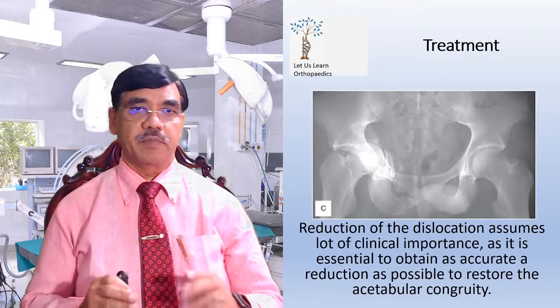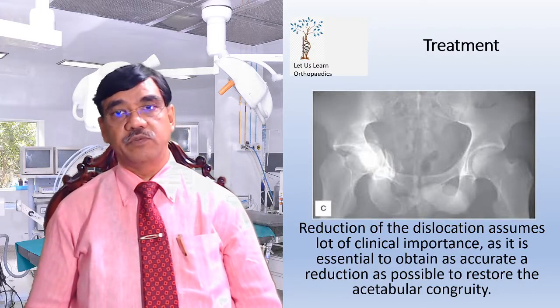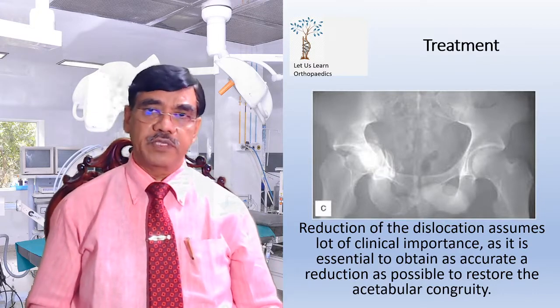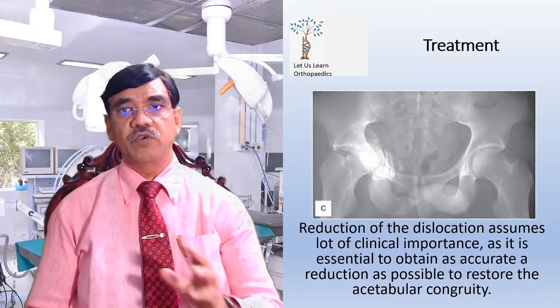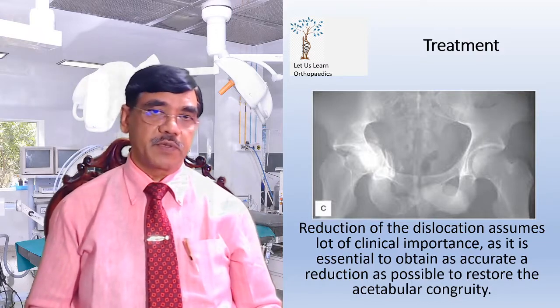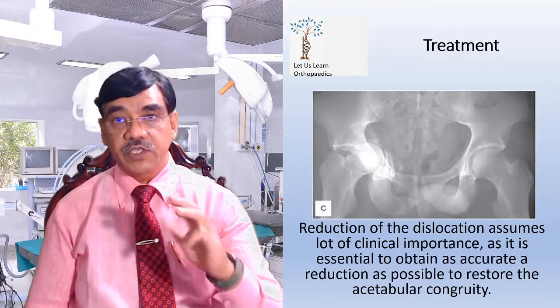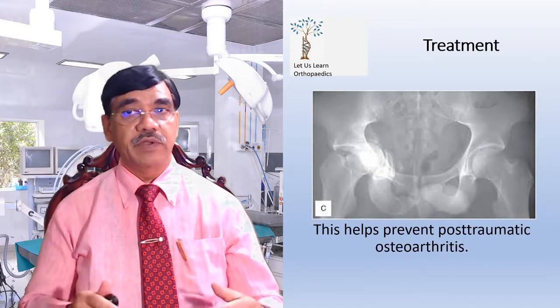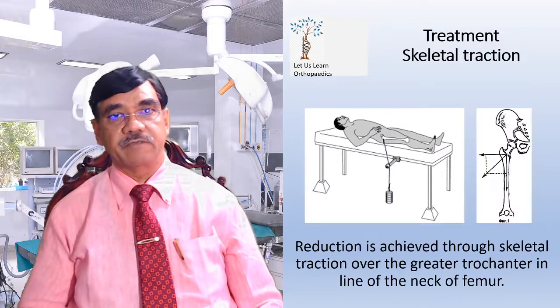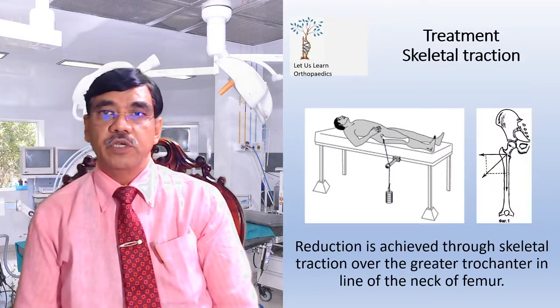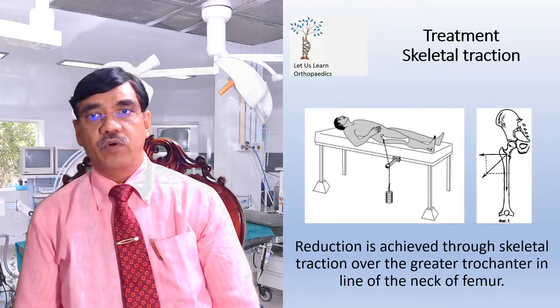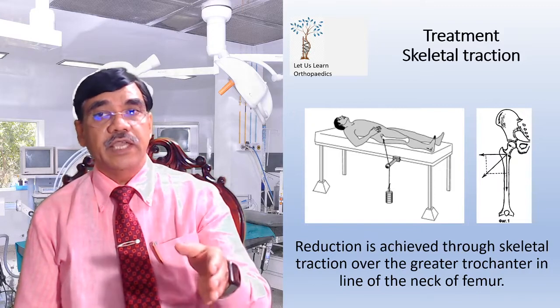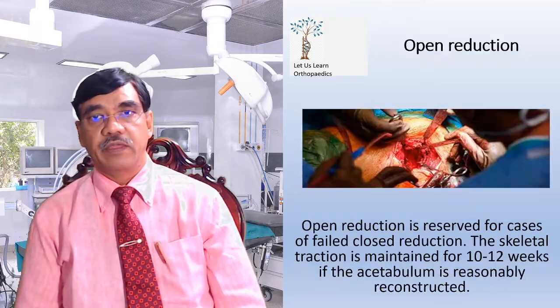Coming to the treatment part, reduction of the dislocation assumes lots of clinical importance, as it is essential to obtain as accurate a reduction as possible to restore the acetabular congruity. This will prevent post-traumatic osteoarthritis. Reduction is achieved through skeletal traction over the greater trochanter in the line of the neck of the femur.